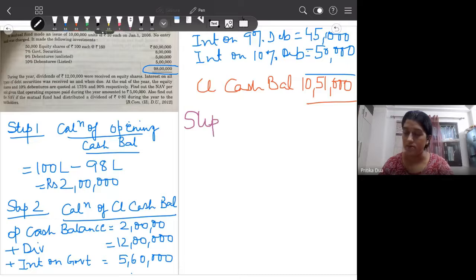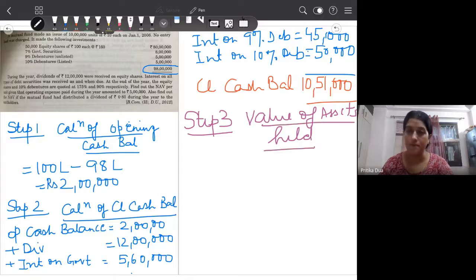So now under step 3, you calculate the value of assets held. Starting with the cash balance, 10,51,000. Now we move to the value of the investments, starting with the equity shares.